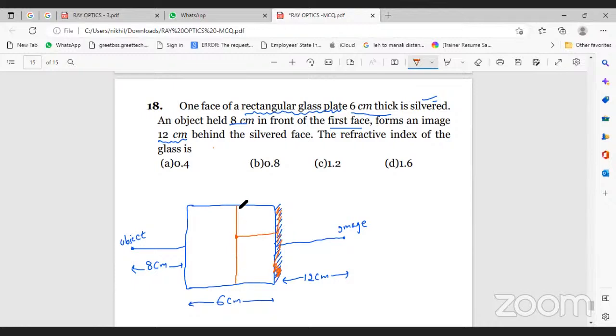Correct? Normal shift will be there for the bottom surface. Yes, sir.